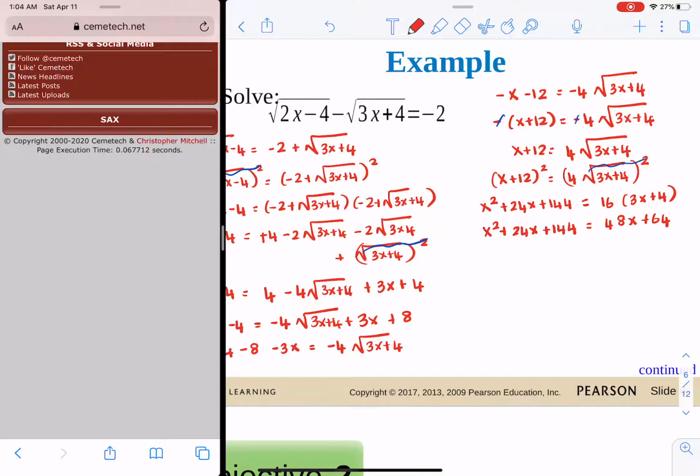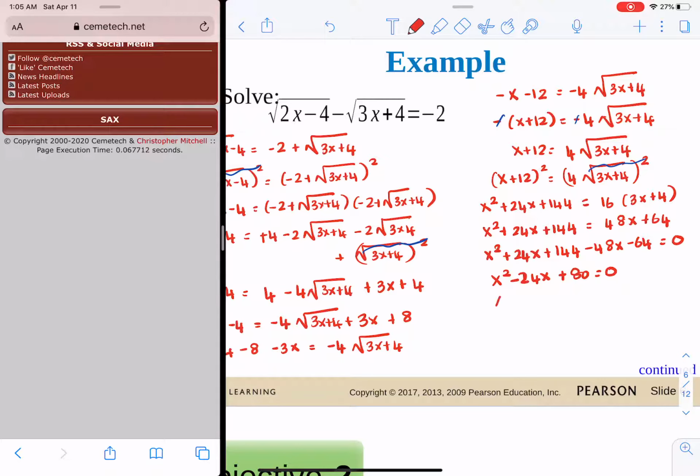Move all the terms to one side. x squared plus 24x plus 144 minus 48x minus 64 equals 0, which gives us x squared minus 24x plus 80 equals 0. This is a quadratic equation that we can factor.